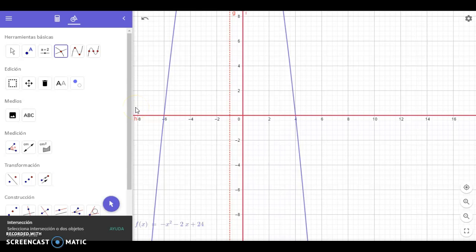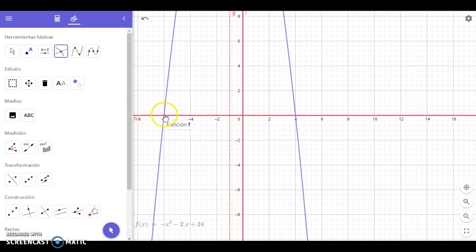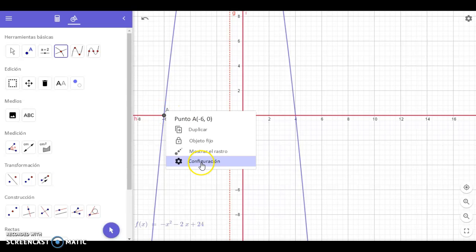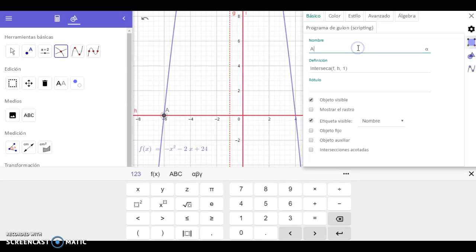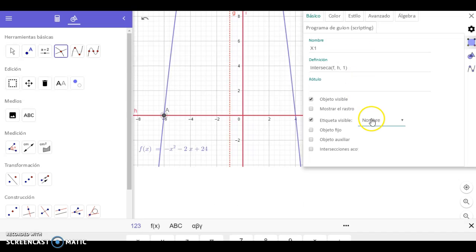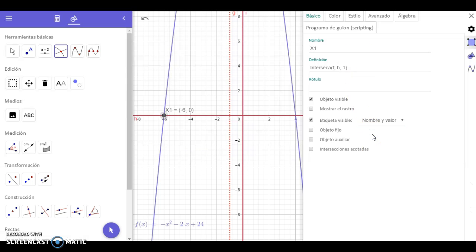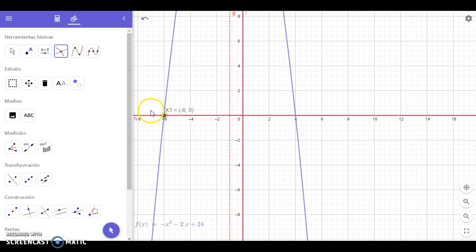We go to intersect, we choose the point where it intersects. We go to configuration, name, x1, we're gonna name it. And same name and value. Okay, so we can see our first x-intercept is -6 when y is equal to 0. Okay, next up we have the second value for x.